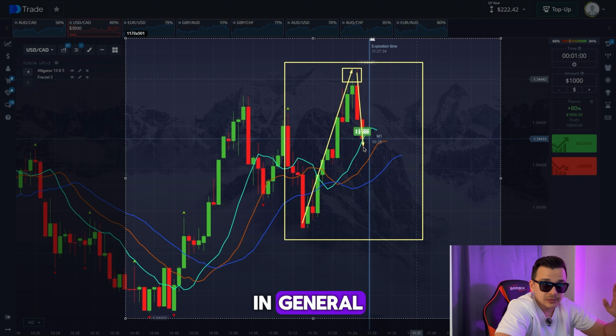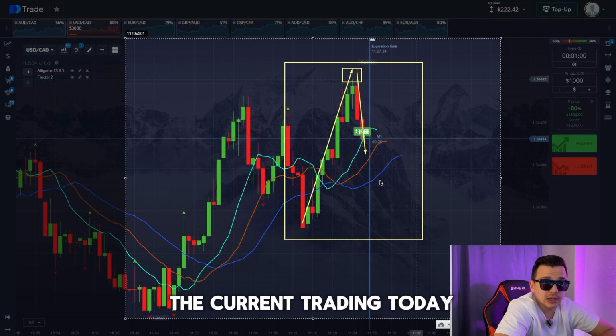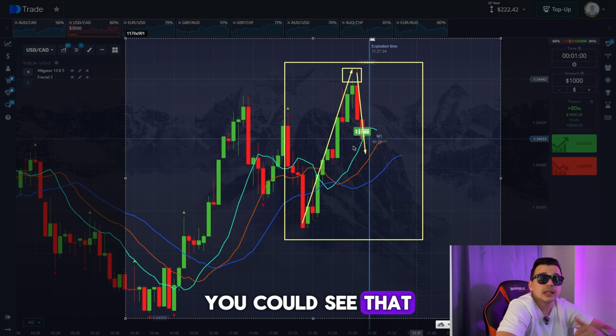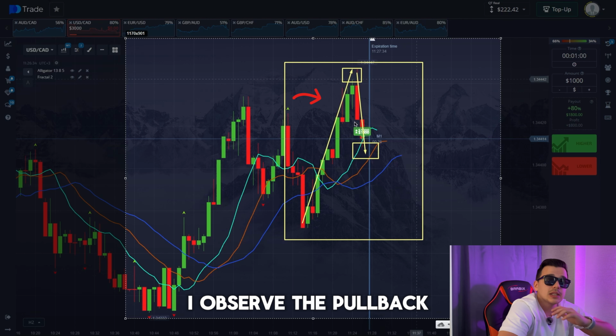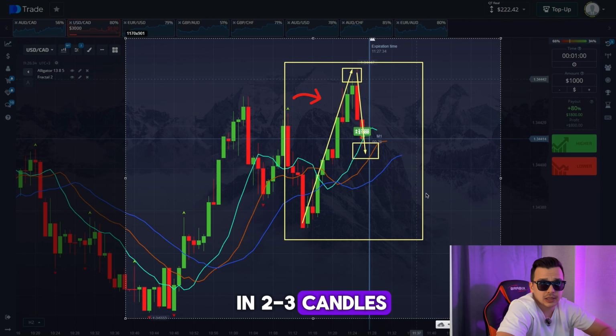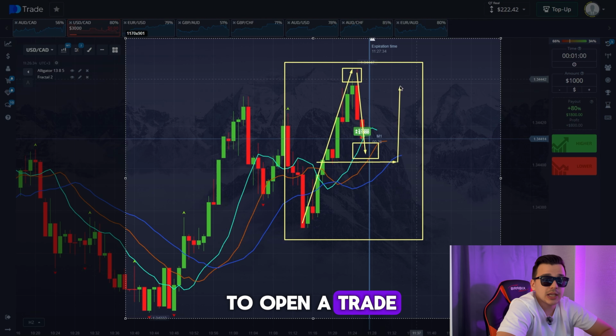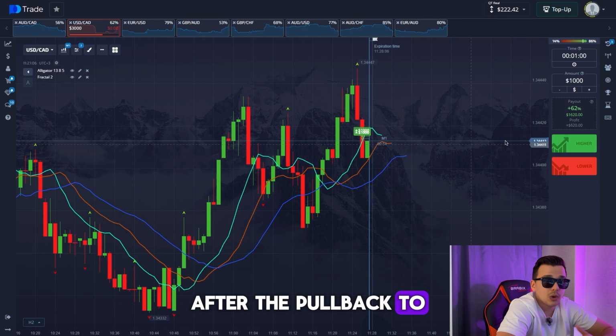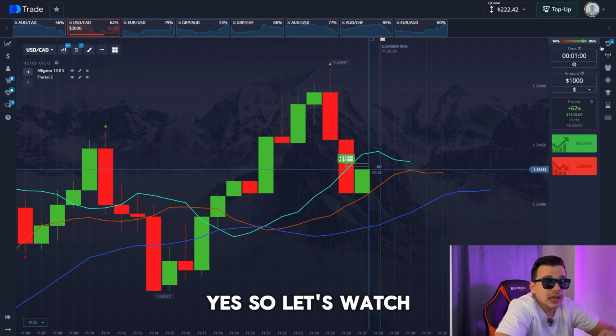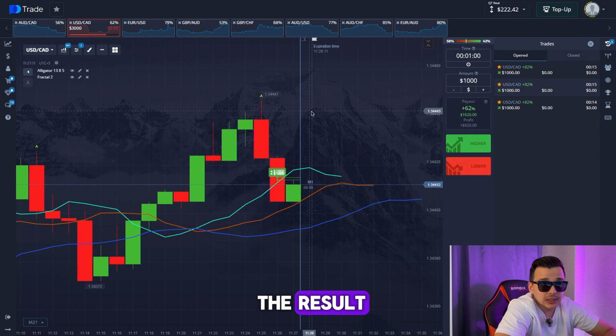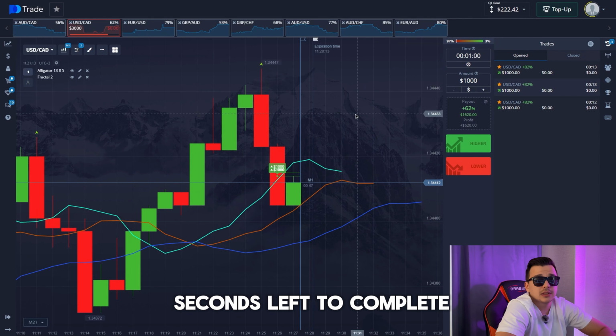In general, in the course of the current trading today, you could see that I observe the pullback in 2-3 candles. And I think here is a good option to open a trade after the pullback on the upside. Yes. So let's watch the result. We have about 10 seconds left to complete the trades.